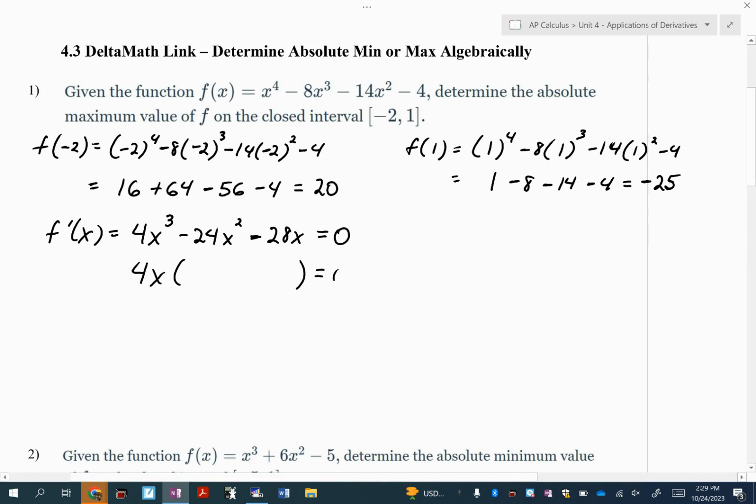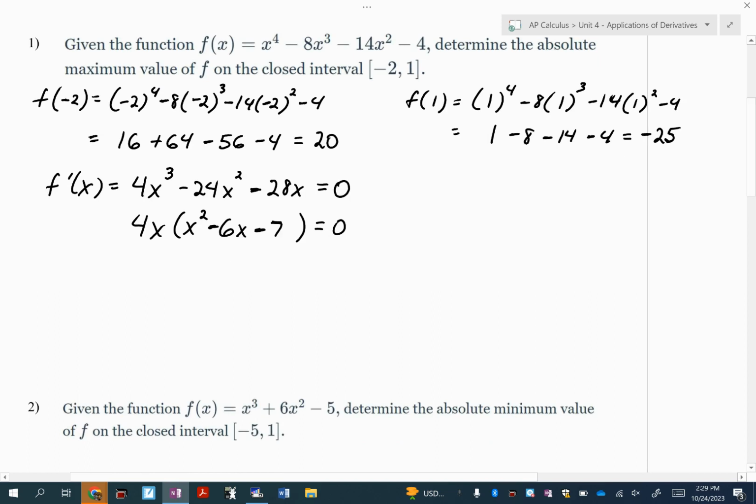When I take that out, I get x squared minus 6x minus 7. Okay, can you think of factors of -7 that add to -6? I heard -7. Let's see if that works. Yes, we feel good about that?